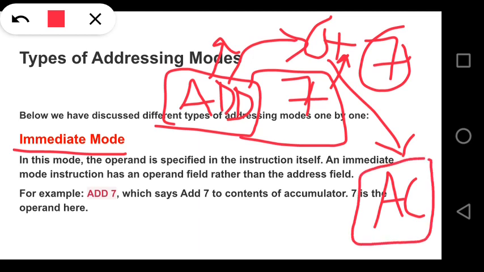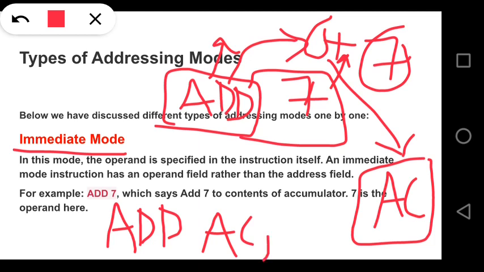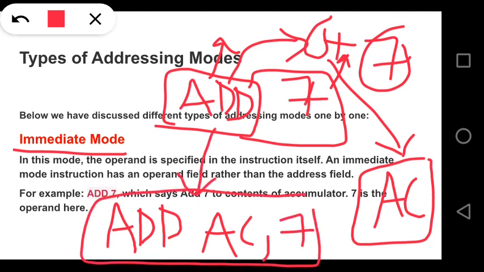So the accumulator register is the default operand in this case, so the instruction should be interpreted as add AC comma 7.